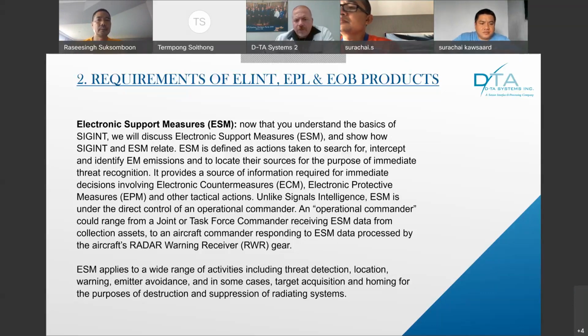ESM applies to a wide range of activities, including threat detection, location, warnings, emitter avoidance, and in some cases, target acquisition and homing for the purposes of destruction and suppression of radiating systems.